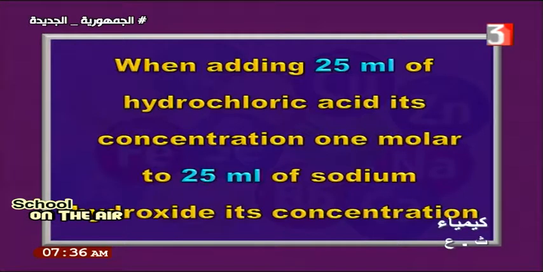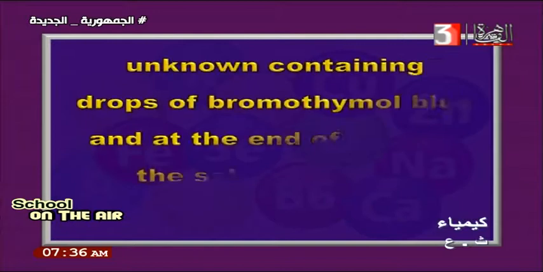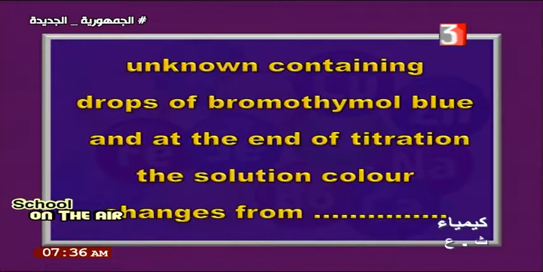When adding 25 milliliter of hydrochloric acid, its concentration 1 molar, to 25 milliliter of sodium hydroxide, its concentration is unknown, containing drops of bromothymol blue, and at the end of the titration, the solution color changes from what?